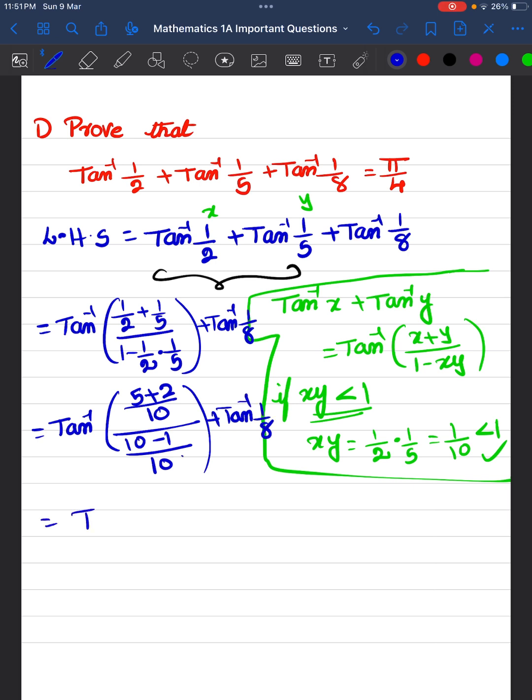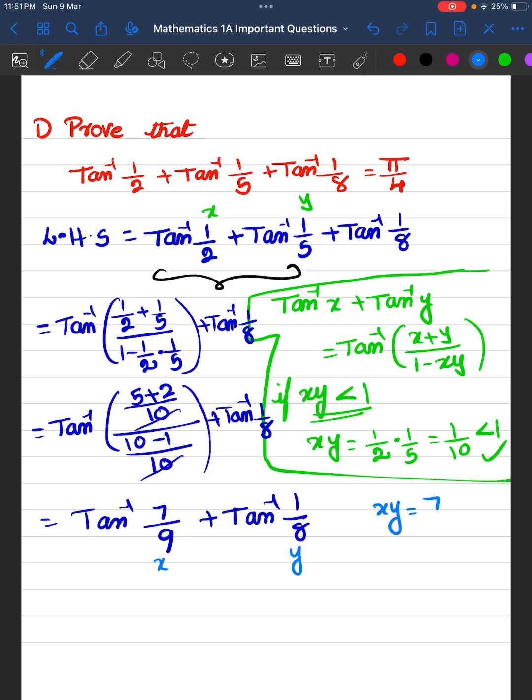So here both the denominators get cancelled. You get the answer as tan inverse of 7 by 9 plus tan inverse 1 by 8. Again, what is the value of 7 by 9? You can take it as x, and 1 by 8 we can take it as y. If you take x into y, that is 7 by 9 into 1 by 8, 7 by 72, which is also less than 1.